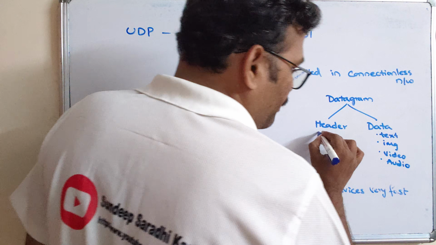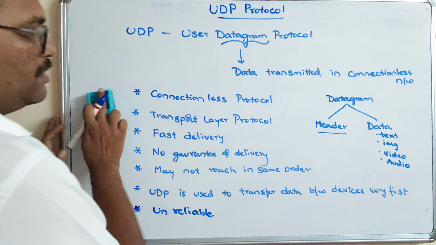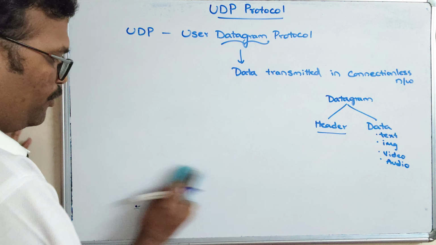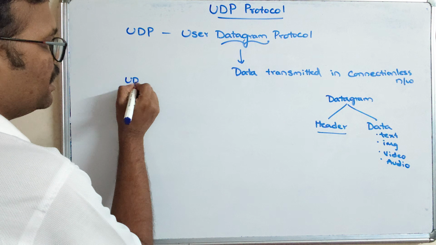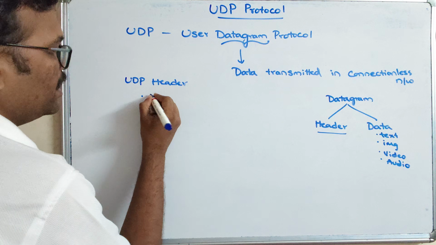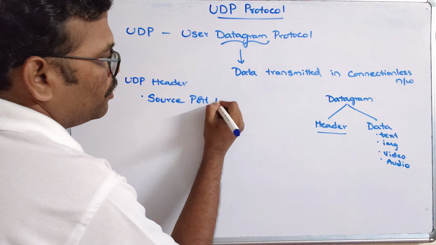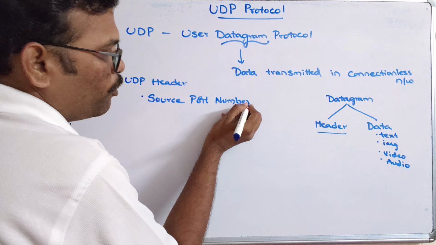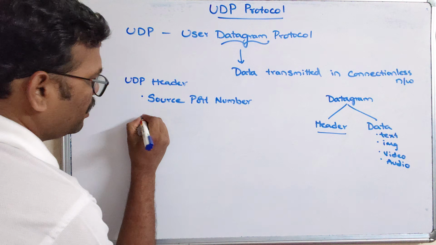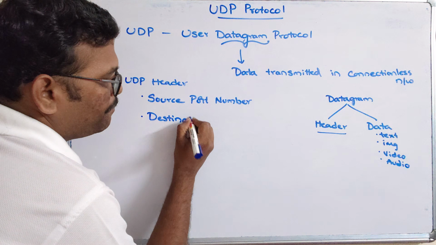So what are the different fields of the header? Let me tell you. The fields of a UDP header: the first one is source port number. In our previous session we discussed port number, which identifies the particular application. So source port number, destination port number, both must be included.